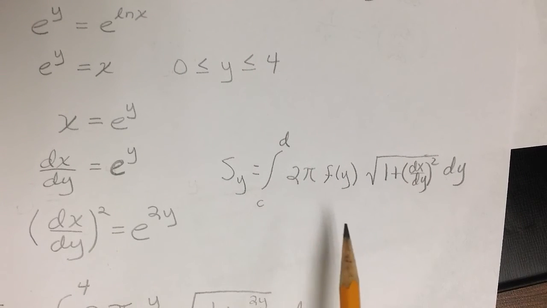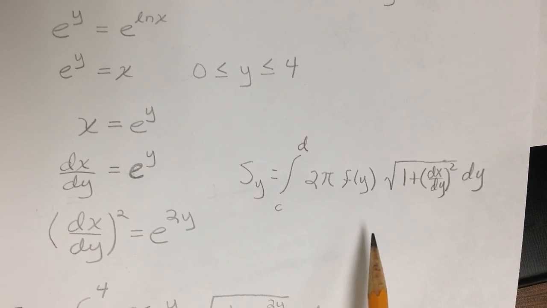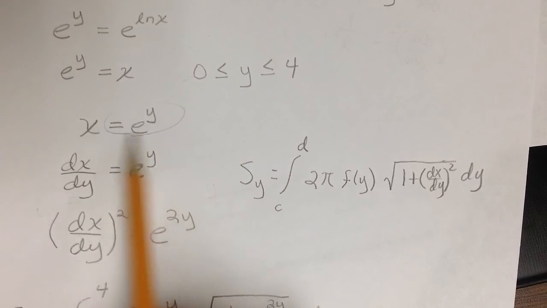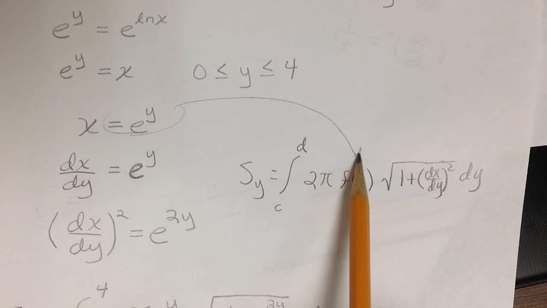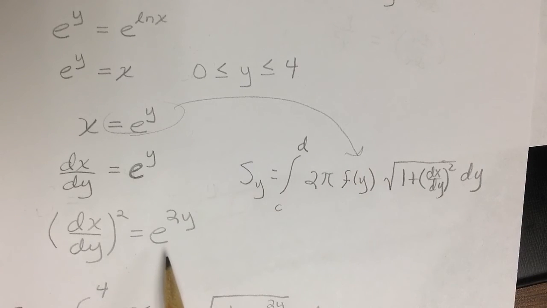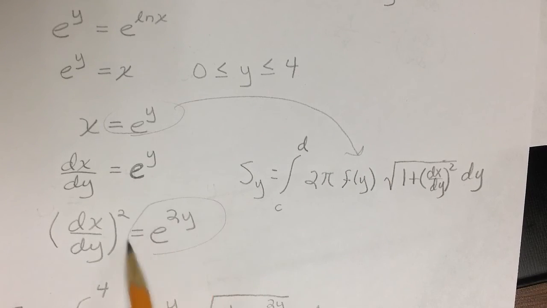So your f of y is going to be that which x is set equal to, and again the square of the derivative, this will be from e to the 2y.